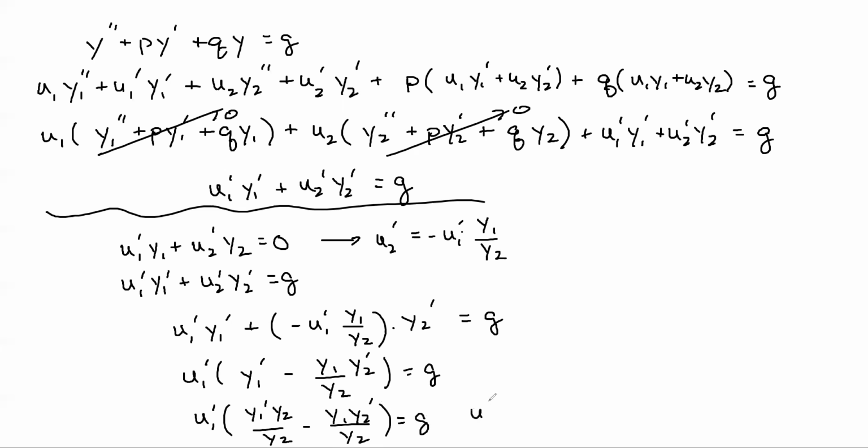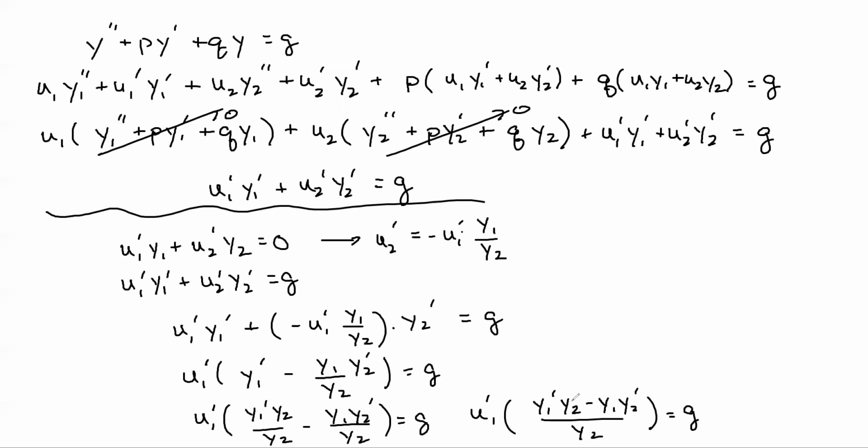So that's going to give us u1 prime. And then here we're going to have y1 prime y2 minus y1 y2 prime over y2 equals g. If you look at this, it should look kind of familiar. Now the issue is that it looks kind of like the Wronskian, except the signs are off.